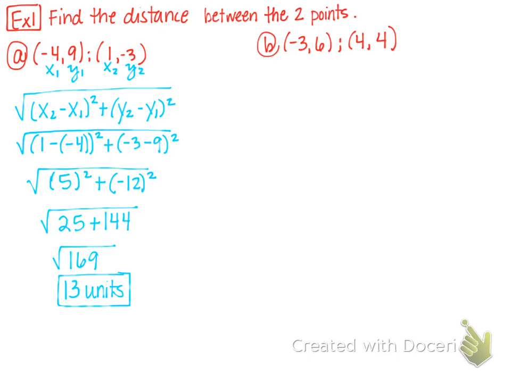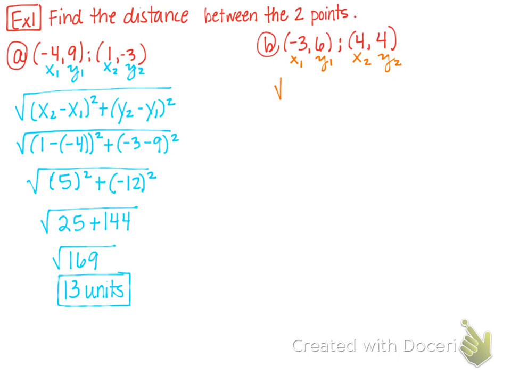Okay, so let's look at B. Now, I'm not going to rewrite the formula because we already have it on this slide, but I am going to label my points, x and y, x and y. This is my first point, and this is my second point. So I'm going to plug it into my formula.